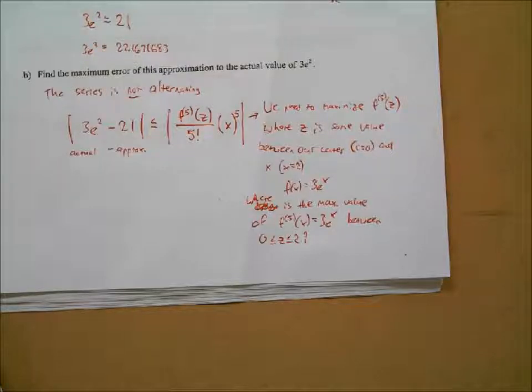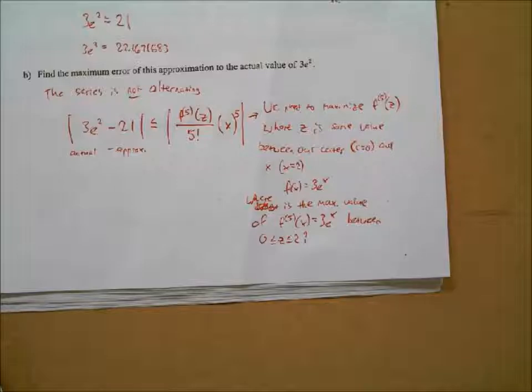Now, if the function was always decreasing, then where would our maximum value be? The left endpoint, right? And of course, if the function both increases and decreases, we might need to go to the derivative of this to identify where the absolute maximum or minimum was.